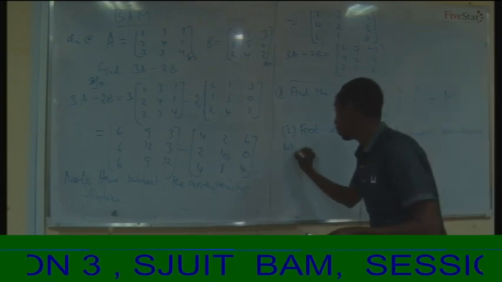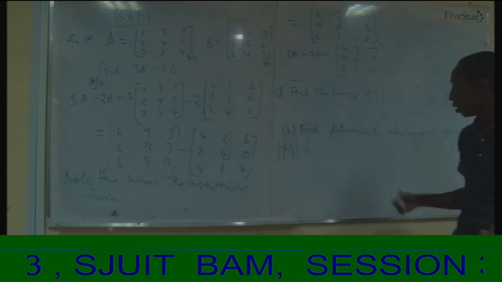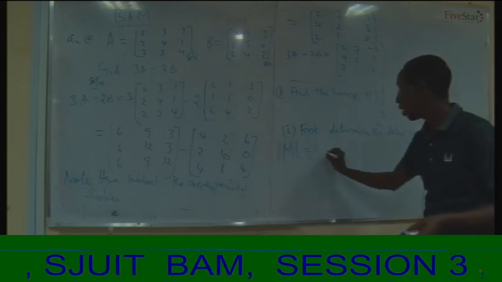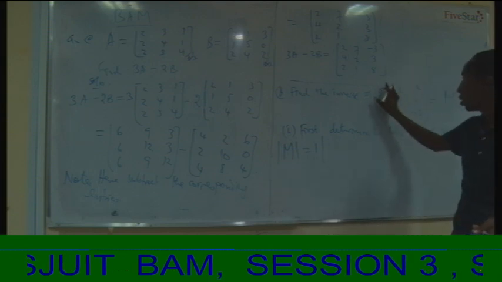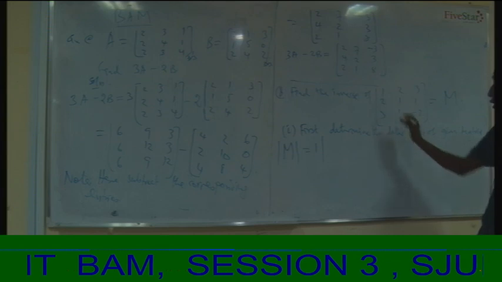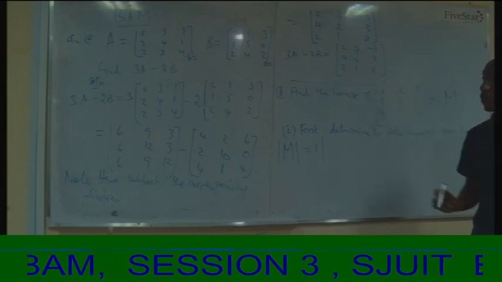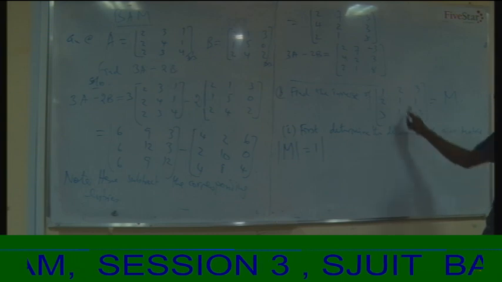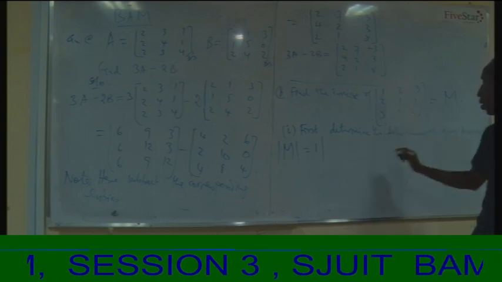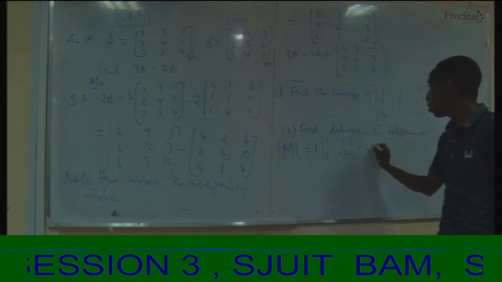So the determinant of matrix M, which is denoted inside vertical bars like this, is 1 times the determinant. We delete the first row and first column and find the determinant of the remaining elements. Here it is 1, 1, 1, negative 2, then minus 2.